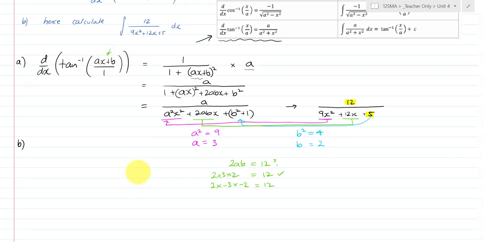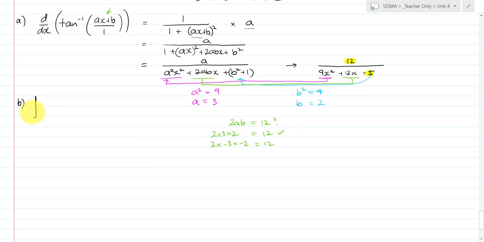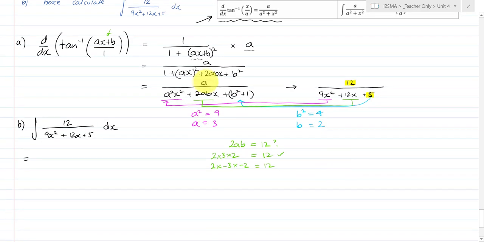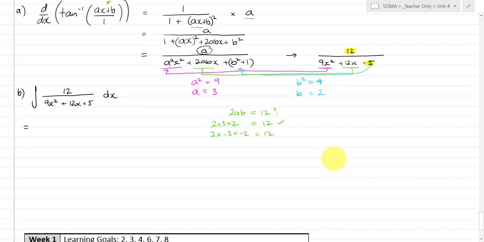So what we get then is the integral of 12 over 9x squared plus 12x plus 5 dx. Well, that's equal to, now remember with our tan, when we derived this we had an a on top. So I need to leave an a on top.